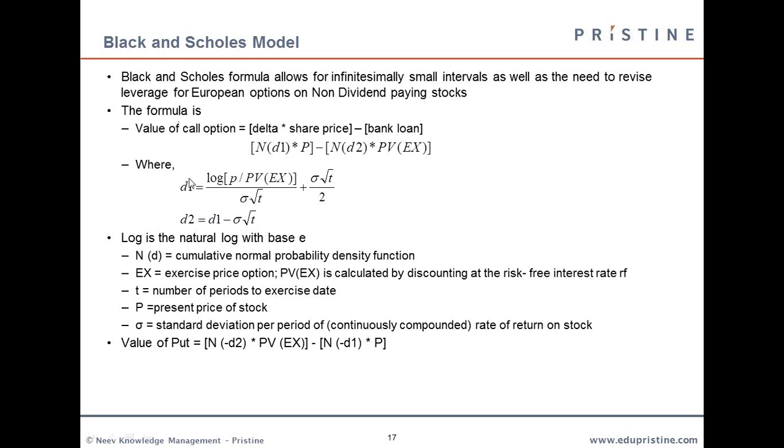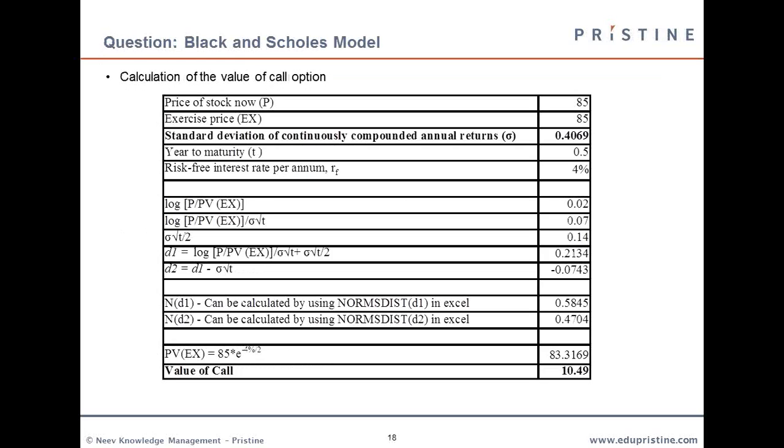So this is the formula where D1 and D2 are as shown the values. You can use the formula directly to calculate the call option and put option values.